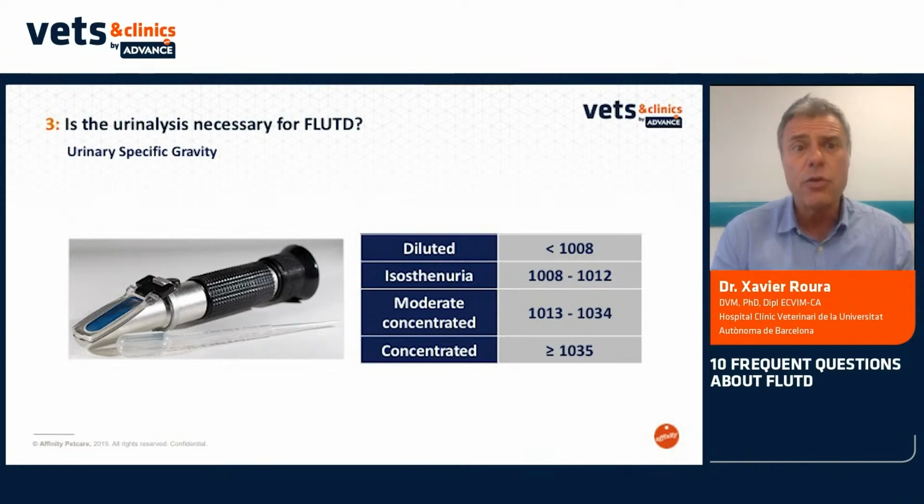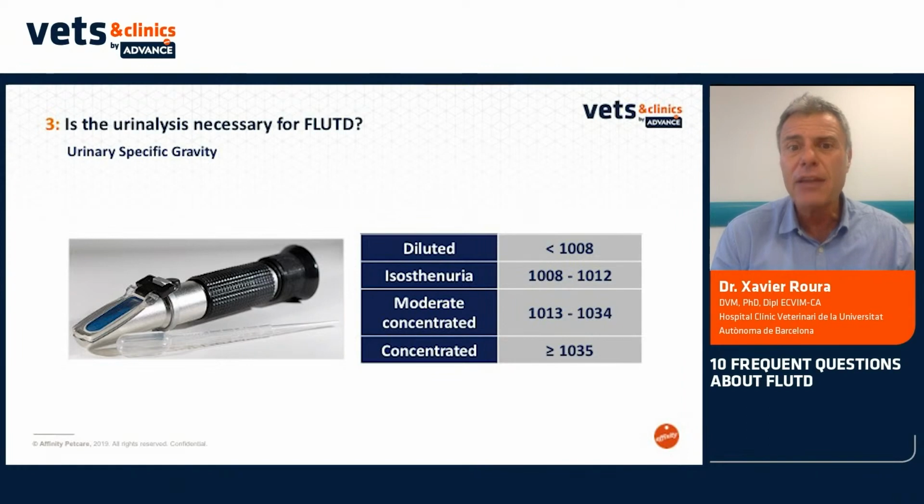On one side, urinary specific gravity, because the majority of cats with feline lower urinary tract disease have a very concentrated urine, in general more than 1,035. In general, 1,045, 1,050, 1,060, 1,070 is quite frequent in cats.